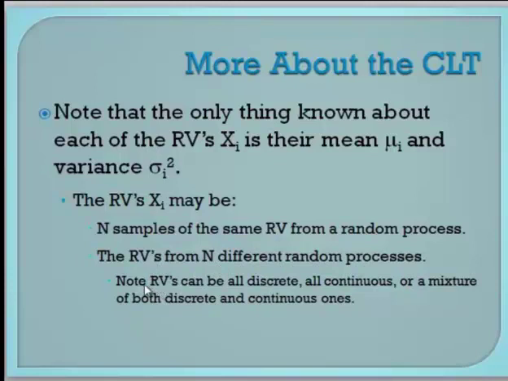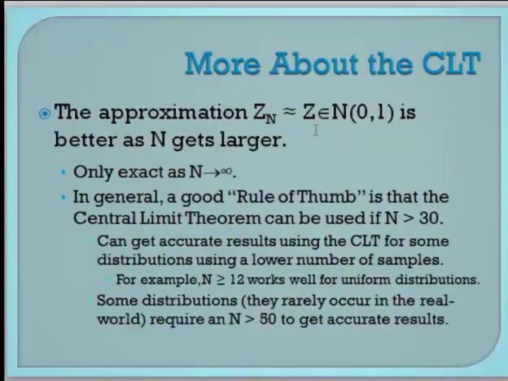Random variables can be all discrete, all continuous, or a mixture of both. The approximation of z for however many n are in your sample approaches the normal curve. That approximation gets better the more samples n that you take, and becomes exact as n goes to infinity.